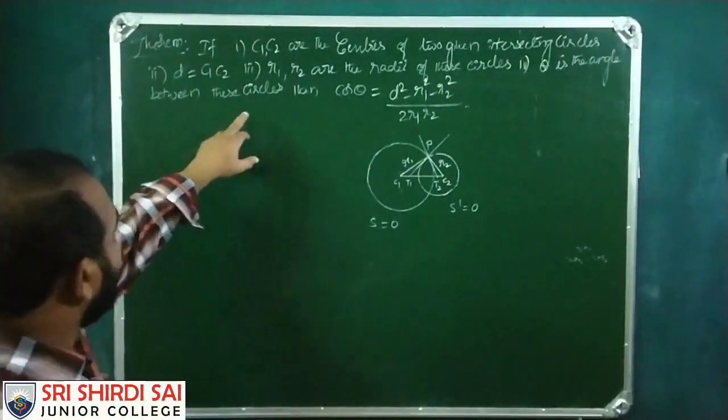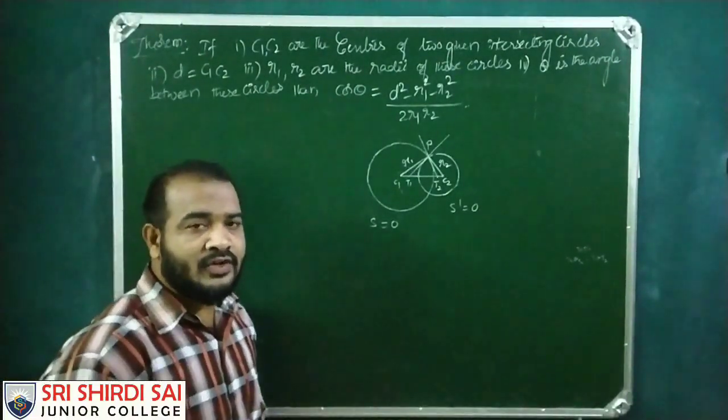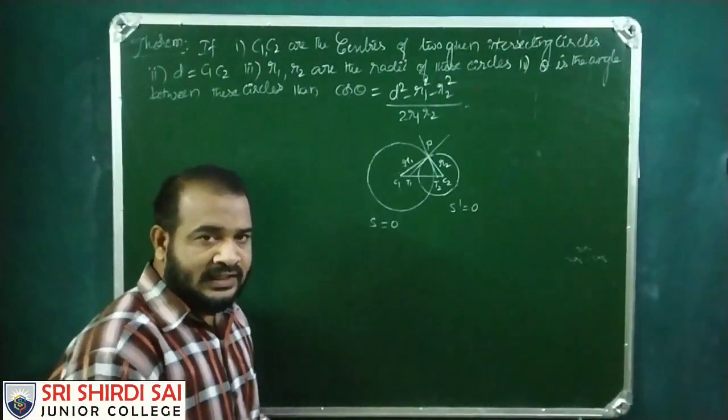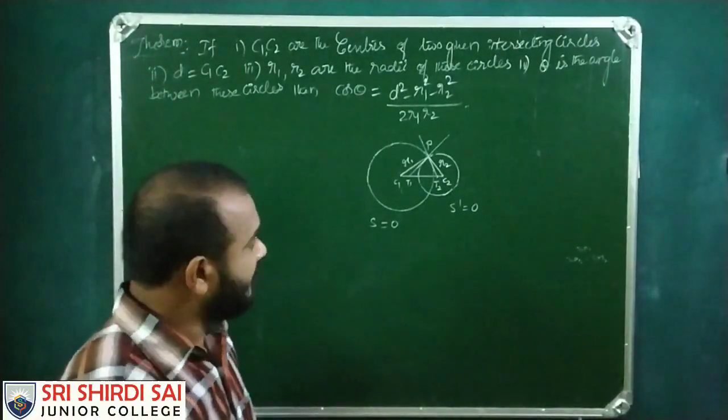If theta is the angle between the circles, I already told that the angle between the two intersecting circles is nothing but the angle between the tangents drawn at the point of intersection.